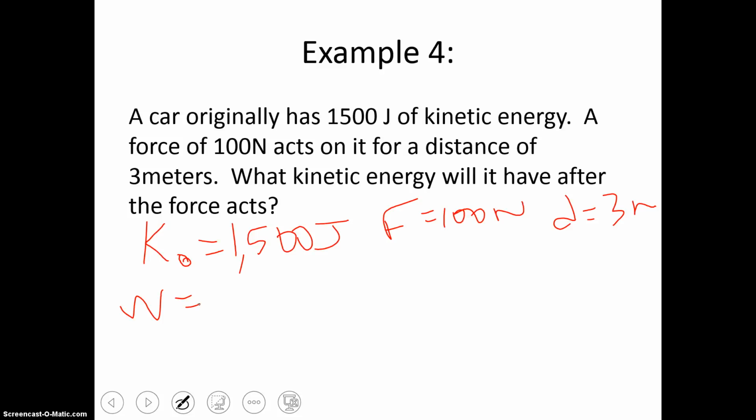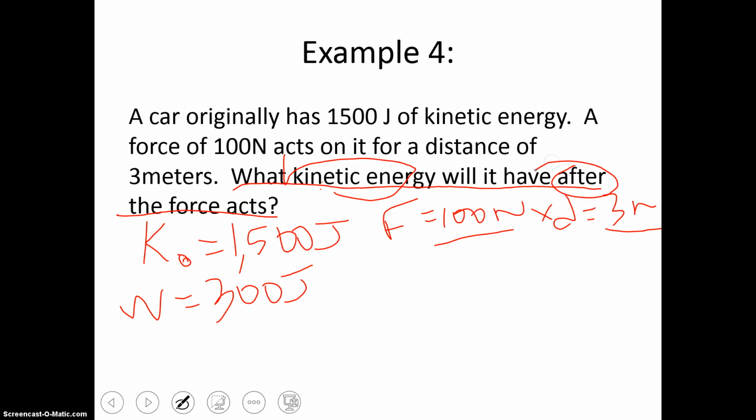So 100 times 3, that's 300 joules. What kinetic energy will it have after the force acts? So what it's asking for is kinetic energy after, which is K final.